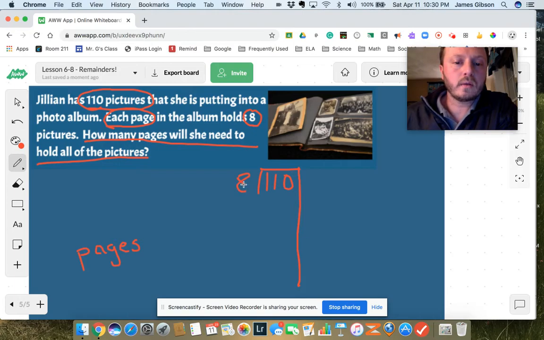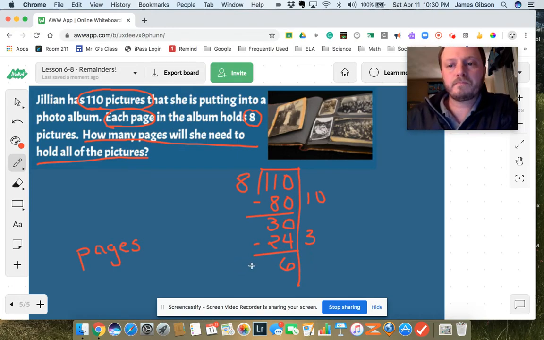And we know that 10 times 8 is 80. And we have 30 left over. And we know that 3 times 8 equals 24. And that means we have 6 left over.